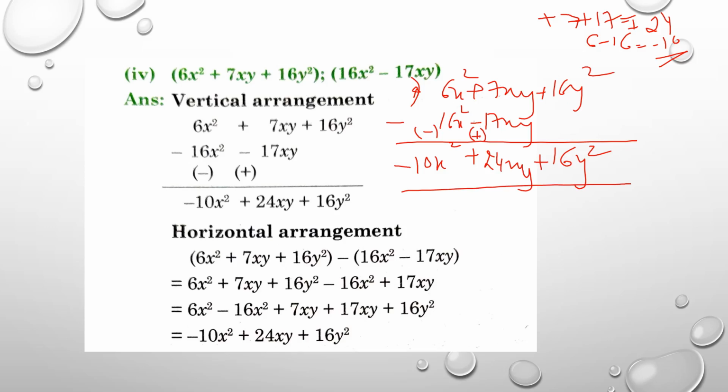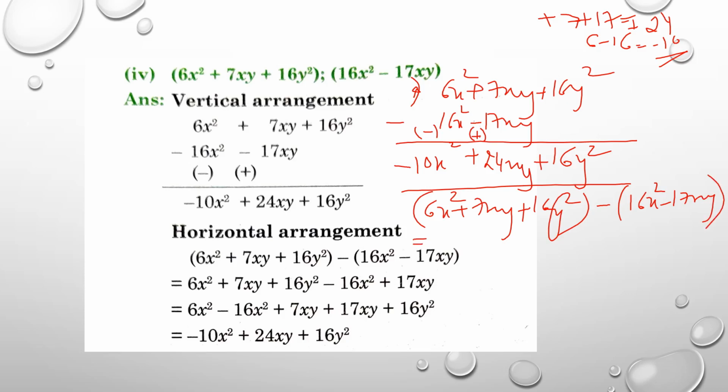Now let's do the horizontal method. 6x square plus 7xy plus 16y square minus 16x square minus 17xy. Okay. Open the bracket. 6x square plus 7xy plus 16y square minus, now 16x square.